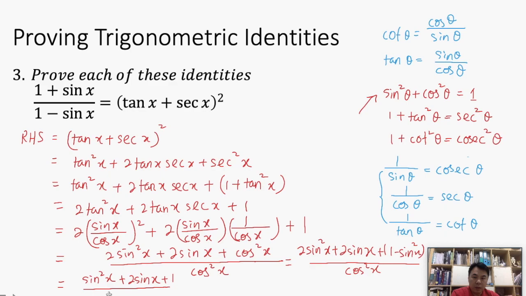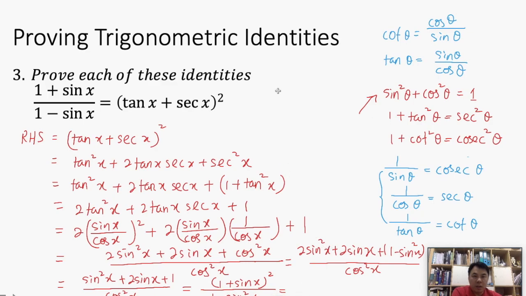Over cosine square x. And then we can factorize the numerator in this case. That is basically 1 plus sine x squared. And then the denominator can be written as 1 minus sine square x.